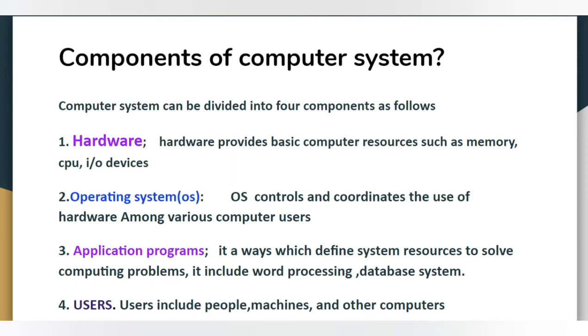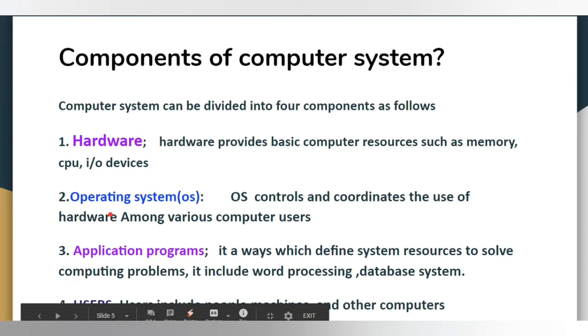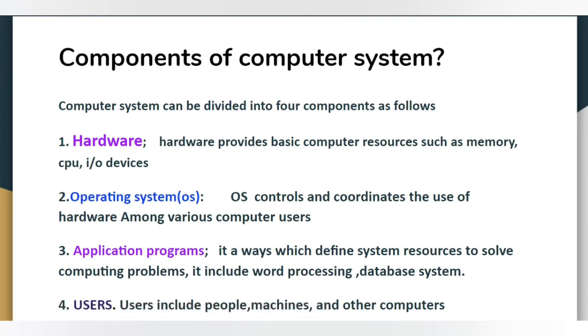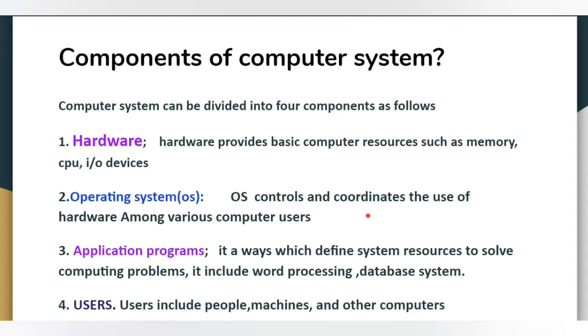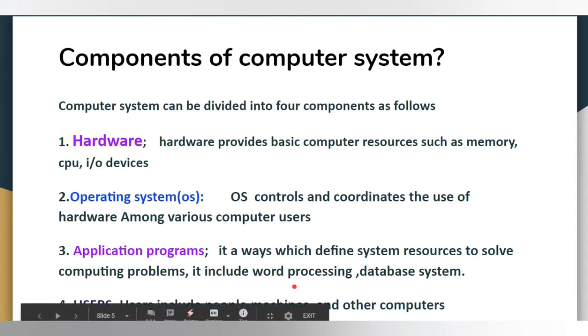Then we have application programs. It is a way of defining system resources to solve computing problems, including word processing and database systems. We have application programs such as Microsoft Office, Skype, Google Chrome, everything that we install from outside sources, from the internet, from disks, from pen drives.